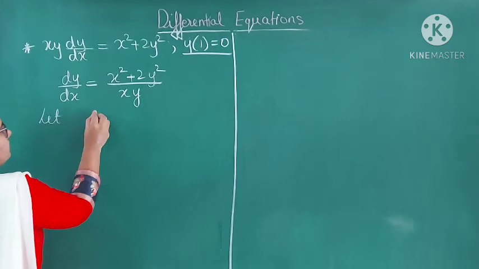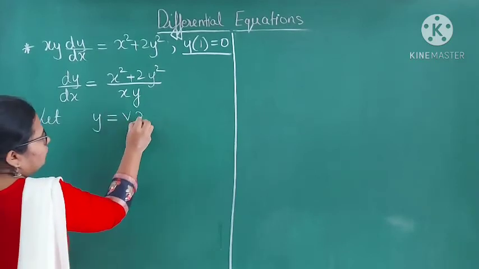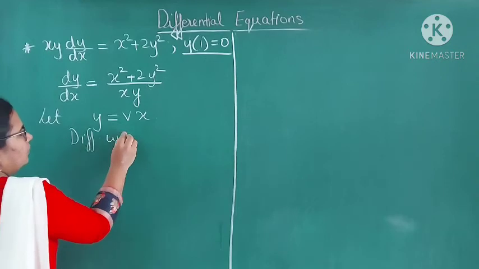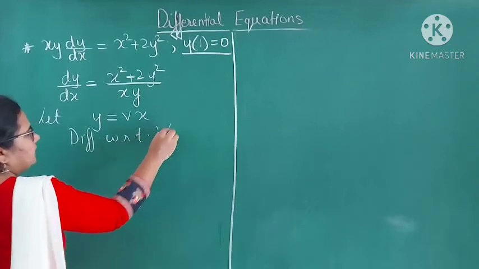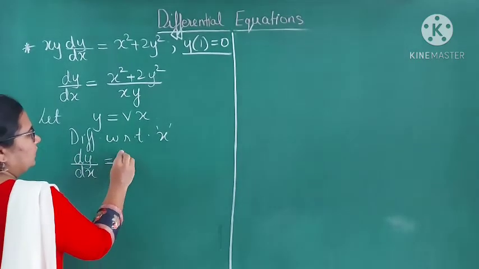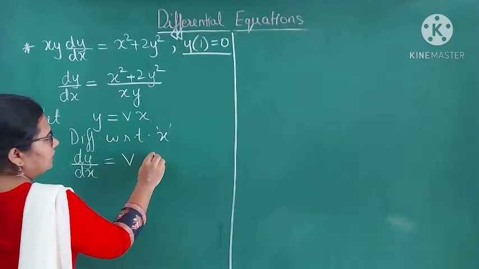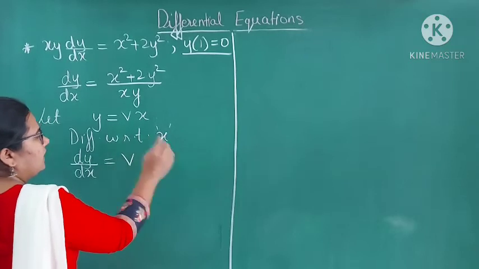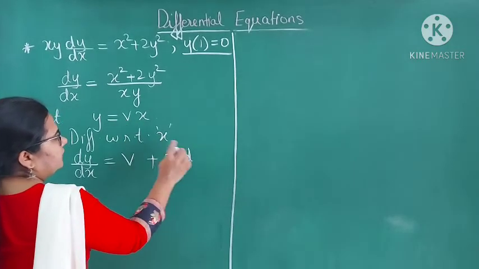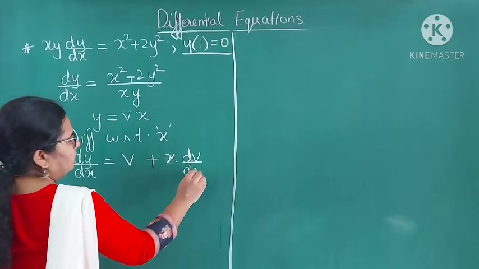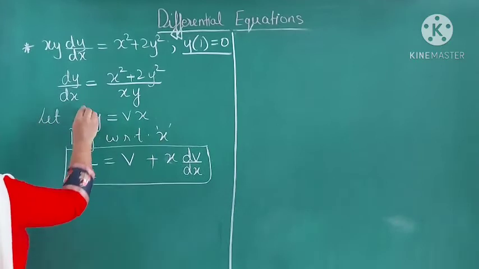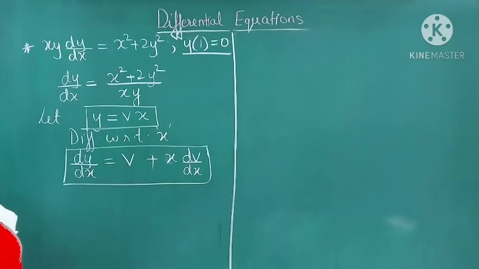So now let your substitution be y equal to v into x. So we will differentiate with respect to x. We get dy upon dx is equal to v, derivative of x with respect to x is 1, and then x into the derivative of v with respect to x is dv upon dx. So this is the substitution for dy by dx, and this is your substitution for y.